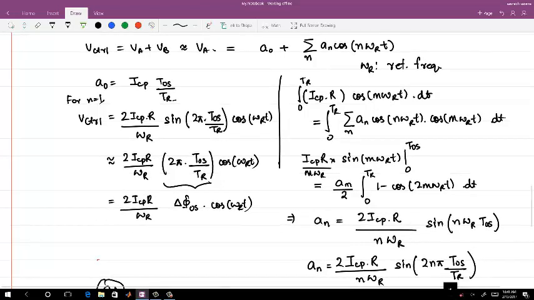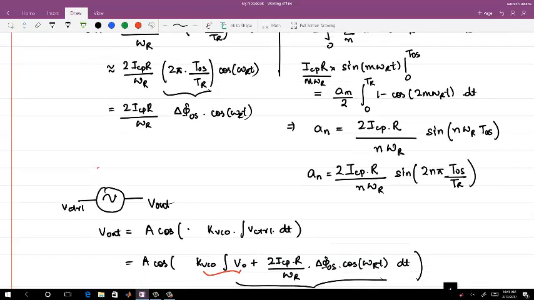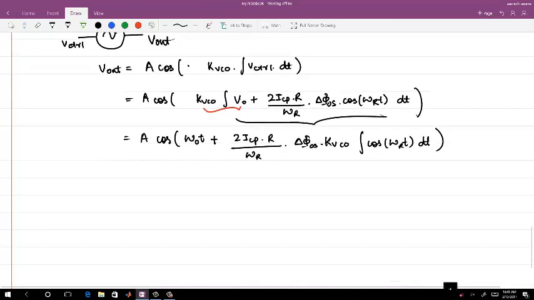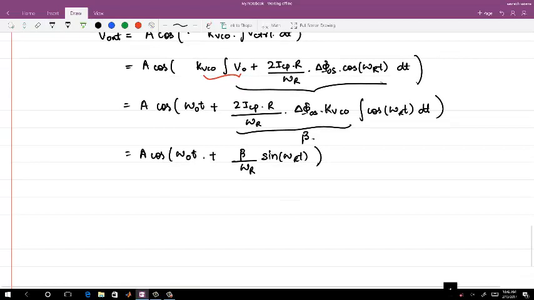Now let's say this part is beta. So what you have is cosine of omega naught t plus beta by omega R times sine of omega R t. This is another integration I did.